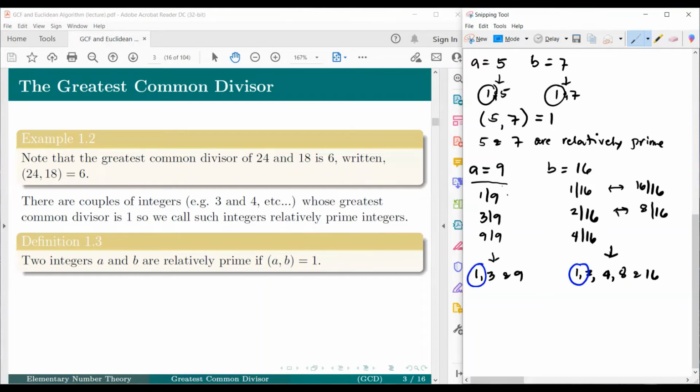It means 1 divides both 9 and 16, and 1 is the greatest common divisor of 9 and 16. Hence, we can write the GCD of 9 and 16 is equal to 1. Hence, we can say 9 and 16 are relatively prime.